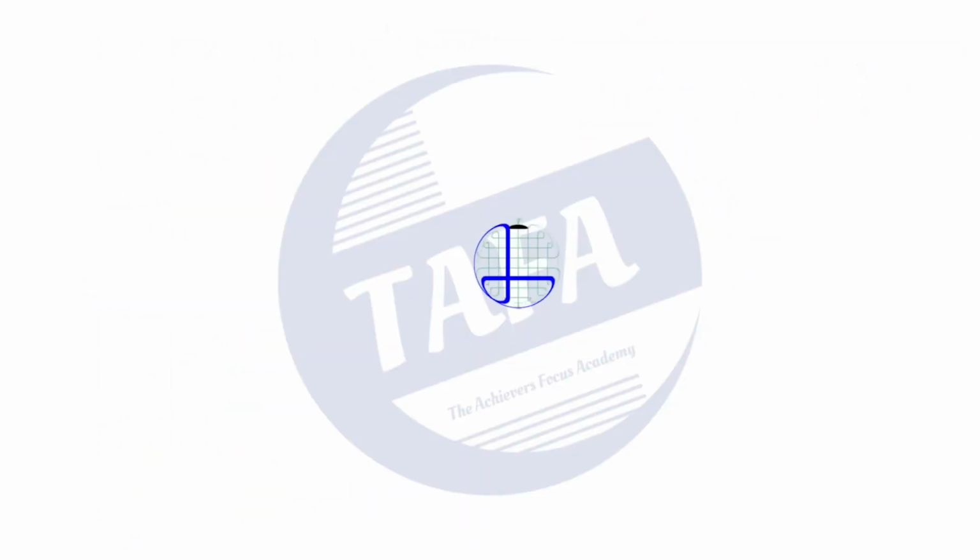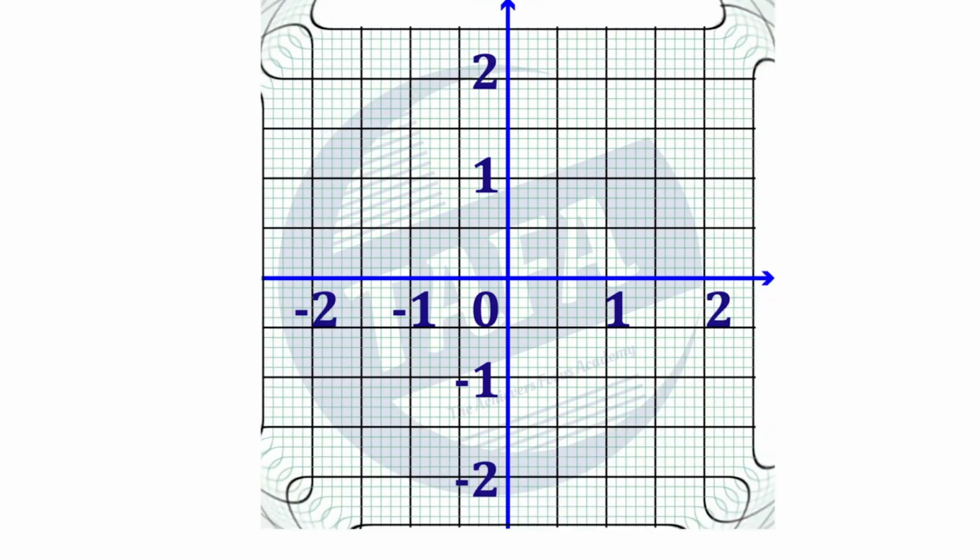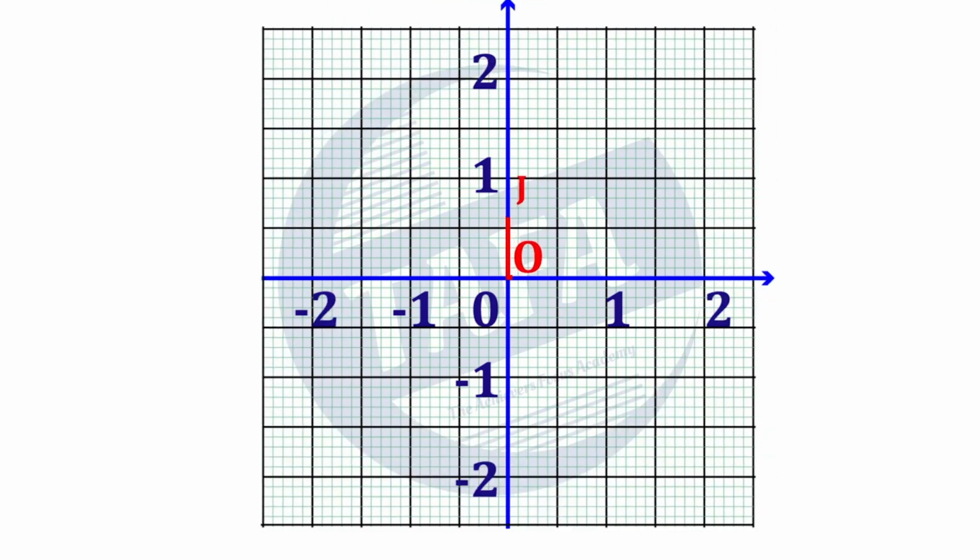When you rotate it, remember, positive 90 degrees means we are rotating in the anti-clockwise direction. So that means where we have I, if we rotate 90 degrees, it's going to be where J is. That's where I prime is going to be. Then K, when you rotate 90 degrees, is going to be at the point (-1, 1).